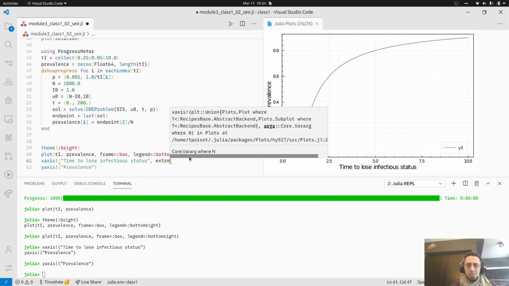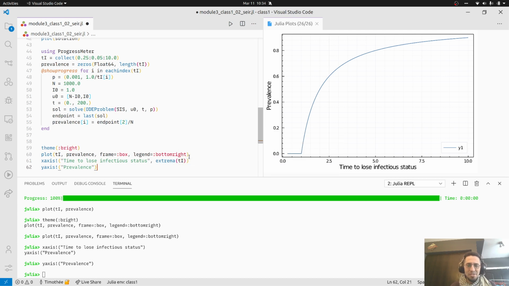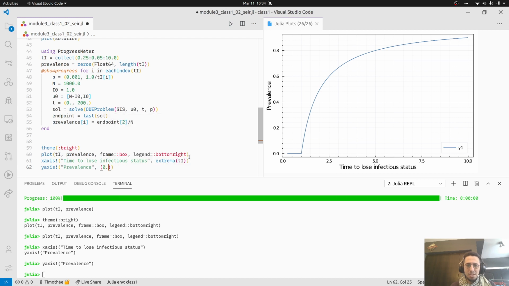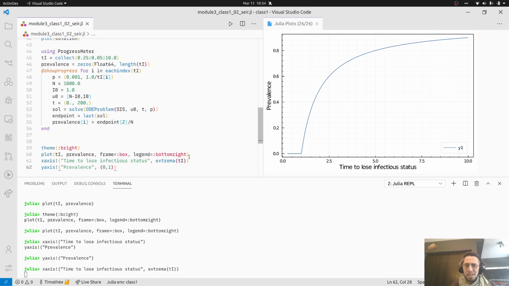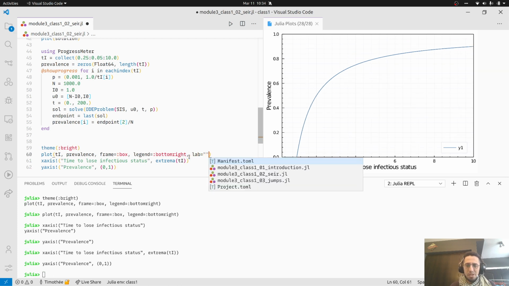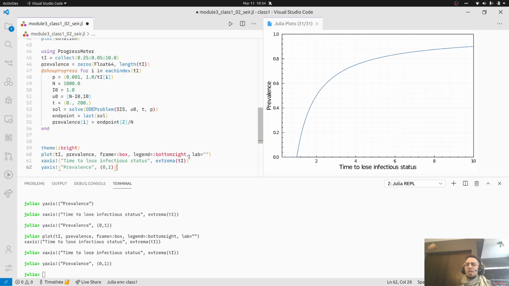Let's try to go the extra mile and make a nice figure, because that's always more pleasant to look at. And we actually don't need a label.